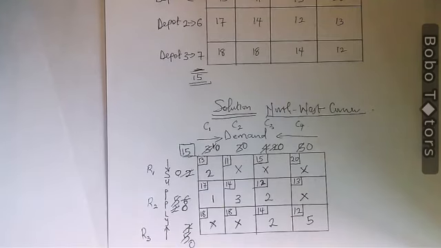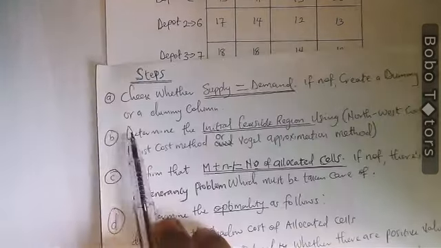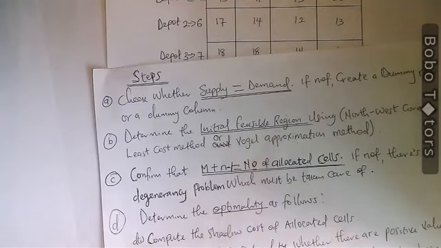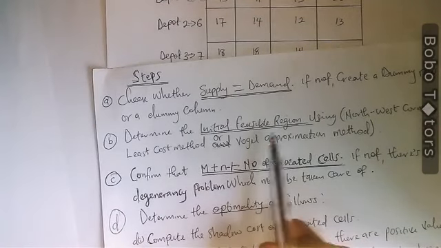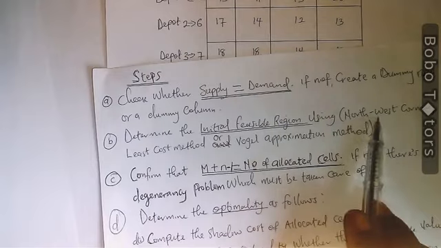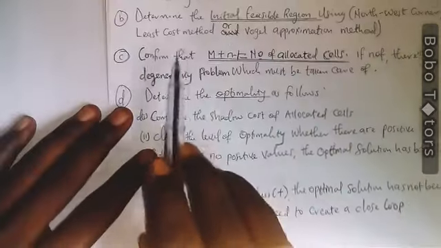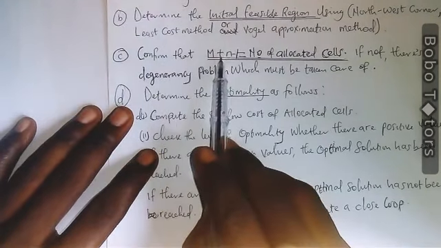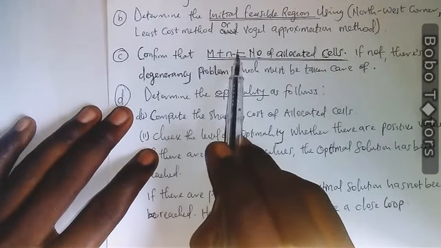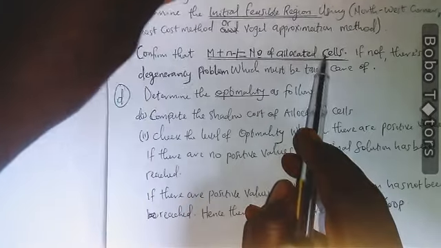Now you've already allocated your cells. So you see, we satisfy step 2: determine the initial feasible region using the northwest corner. We have already done that using the northwest corner method. Step 3, you confirm that m plus n minus 1 is equal to the number of allocated cells.